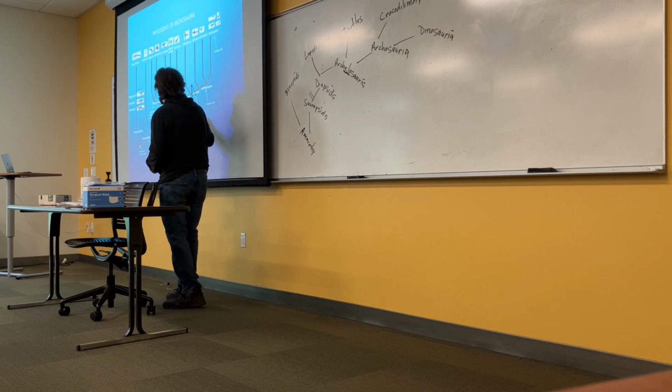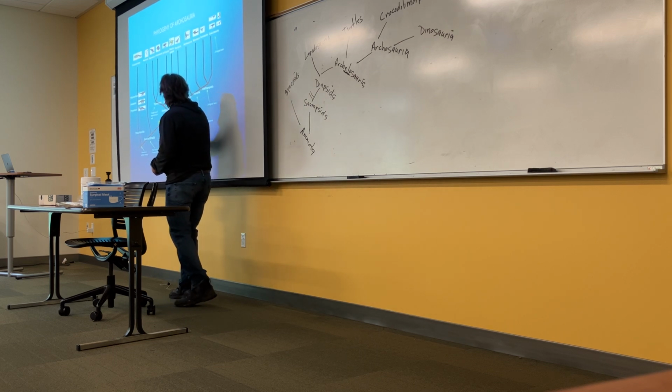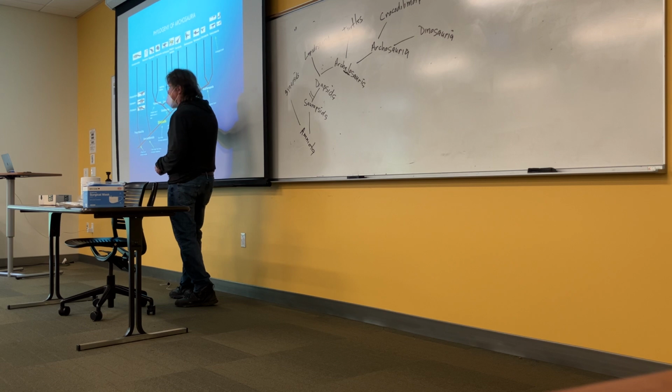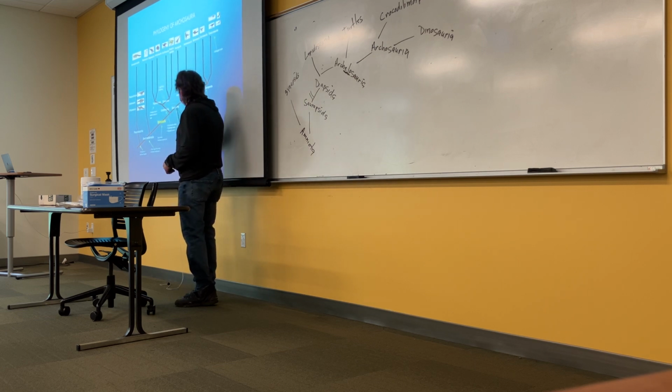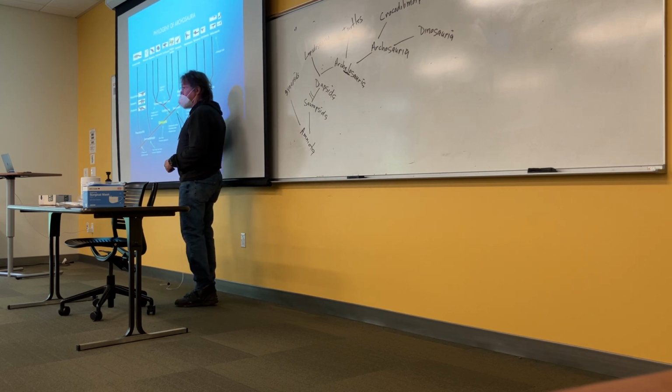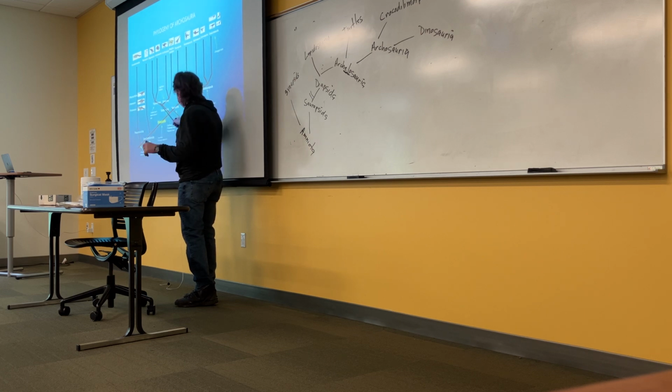But the three major groups of dinosaurs are the Ornithischia, Sauropodomorpha, and Theropoda. These are the only three I want you to know. Sauropodomorpha and Theropoda belong to a branch called Saurischia. But I just want you to know these three.